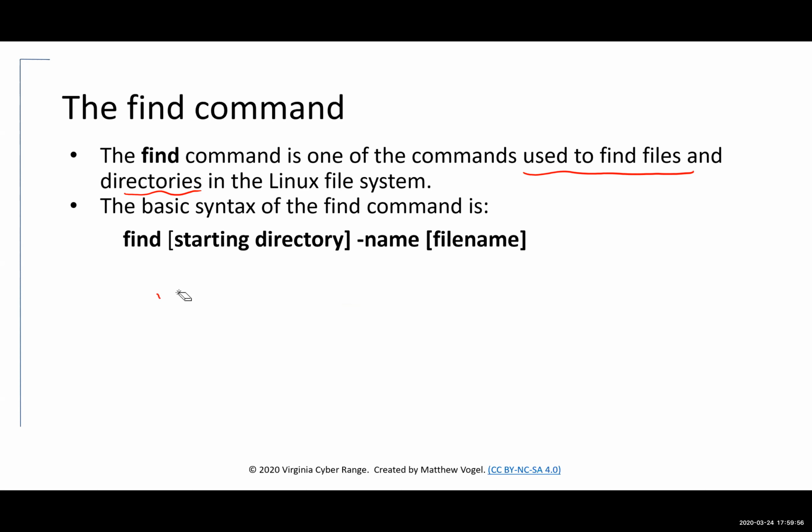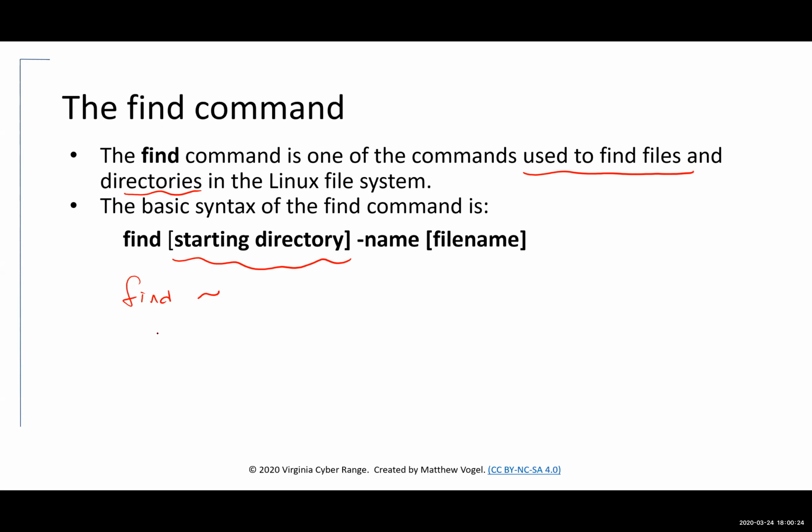And so with find, we have to specify the starting directory. And sometimes the starting directory is the current directory that I'm in. And so, for example, I might want to say find, and then I could use my home directory, for example, and then a slash, or just my home directory.